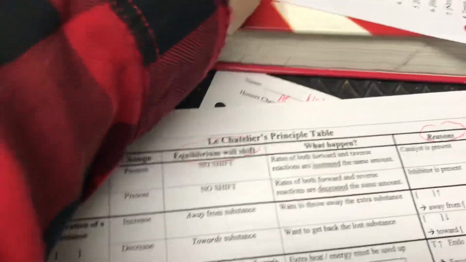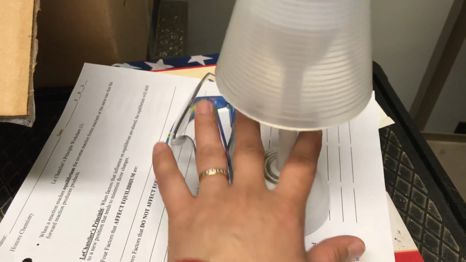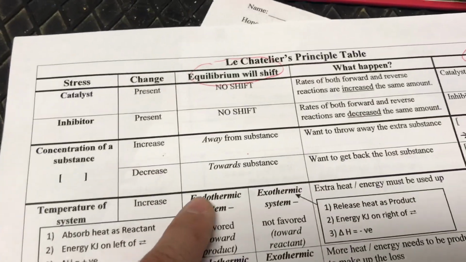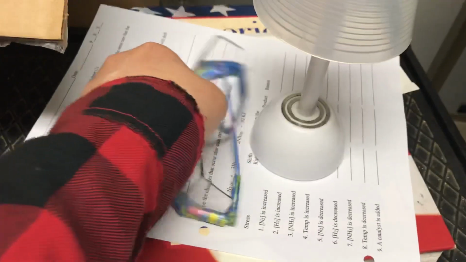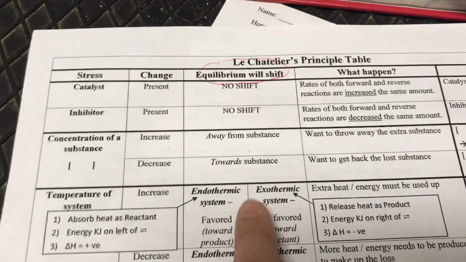Now, on the other hand, if my system is already in equilibrium with this fat, and you suddenly decrease the concentration, that means I'm going to take away this fat. What happens is the equilibrium wants to shift toward the substance. Oh, please give me back.